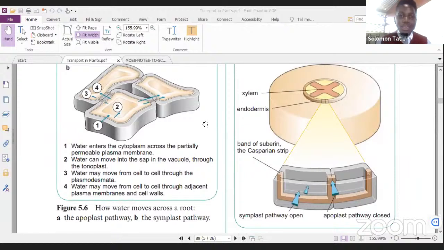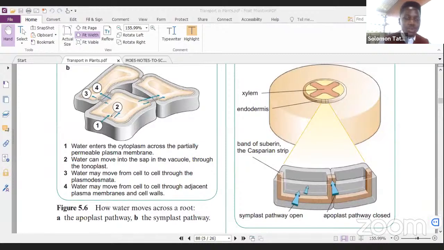So here, Maggie is right to be concerned: if one vacuole of one cell is not connected to the other vacuole, how will the water move from one vacuole to another? In the beginning, I told you these are theories explaining how water moves, okay? They are acceptable theories. Now, here is the theory for the vacuolar pathway.